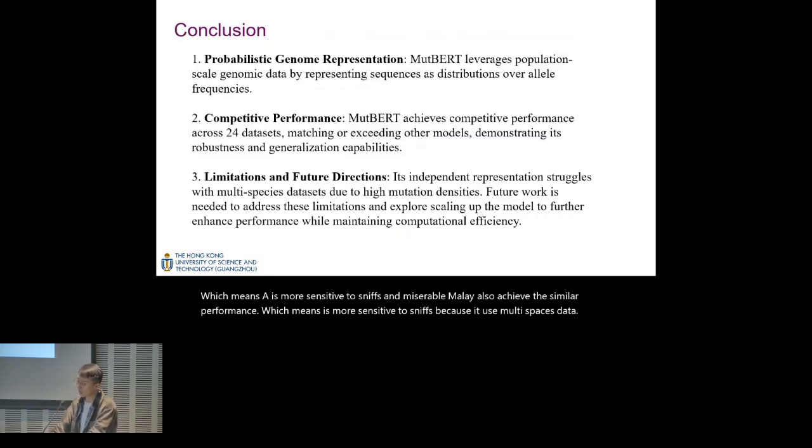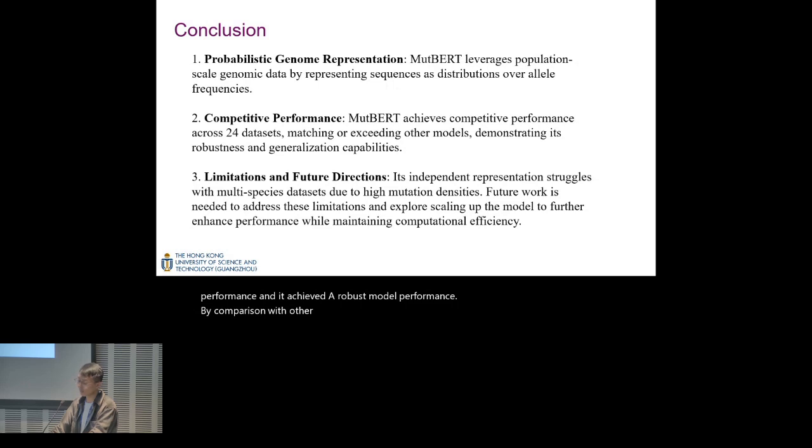So in conclusion, we propose MutBERT, a lightweight and efficient model leveraging probabilistic genome optimization to enhance the model performance, and it achieved robust performance in comparison with other models.